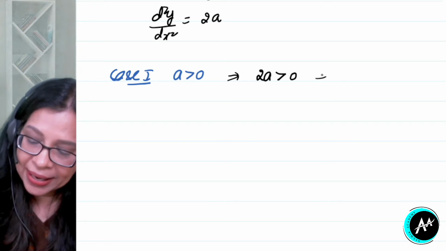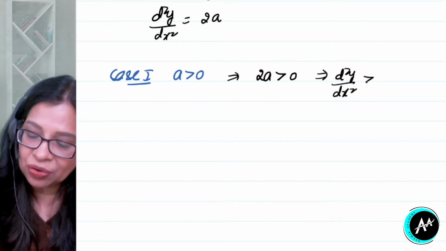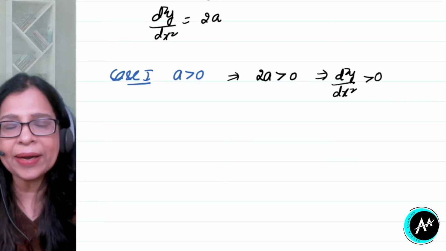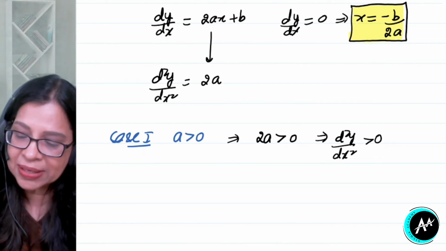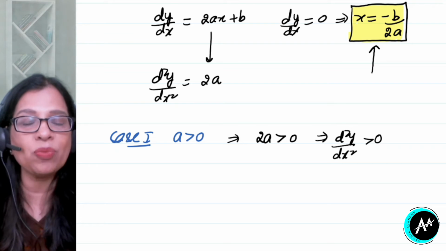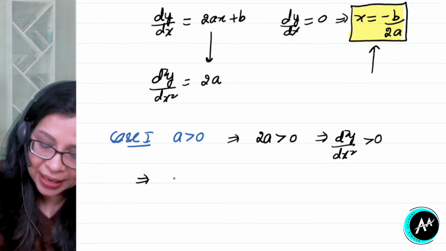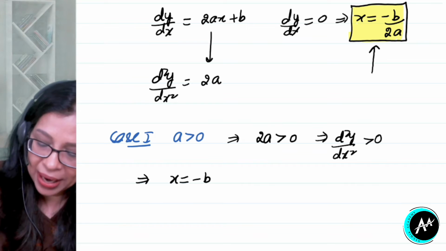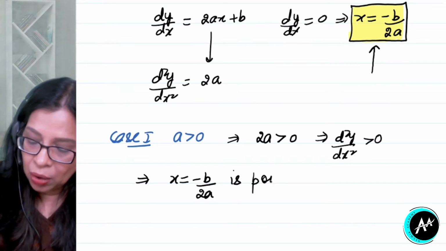So this implies d2y by dx square is positive. Since it is constant, that means it is positive for all x. In particular, it will be positive for this value also, x is equal to minus b upon 2a. So what do we conclude? This implies x is equal to minus b upon 2a is point of what?